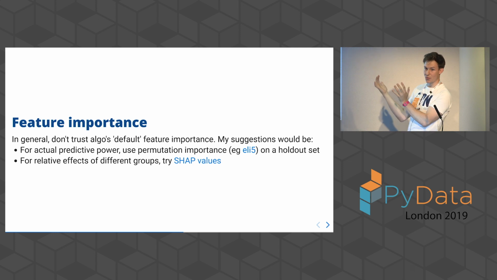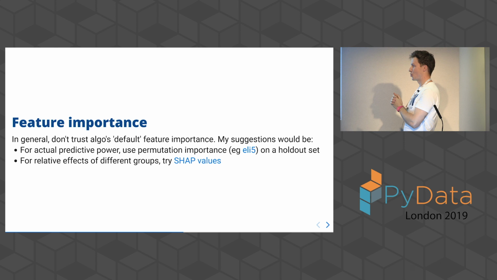If your score has gotten a lot worse, that variable is quite important for your model. Doing that on the holdout set gives you a really clear idea of which features count for actual performance on unseen data, beyond the model just overfitting on something and thinking this feature is amazing when it's not. So I think that's very valuable.